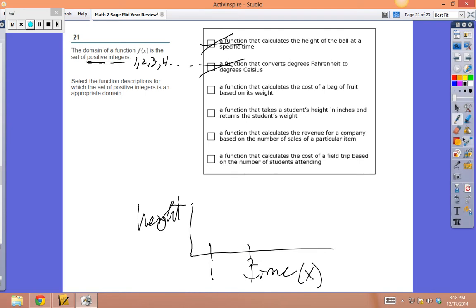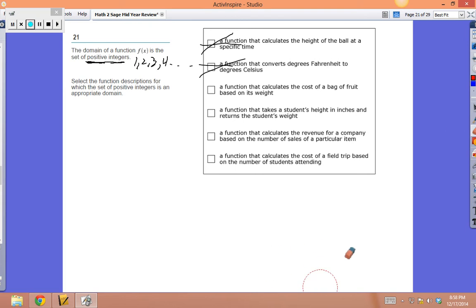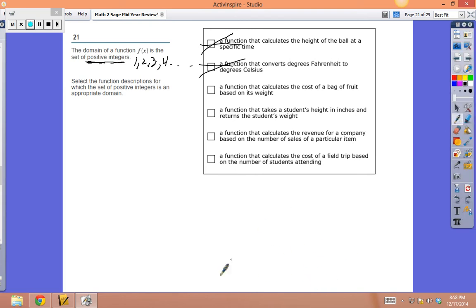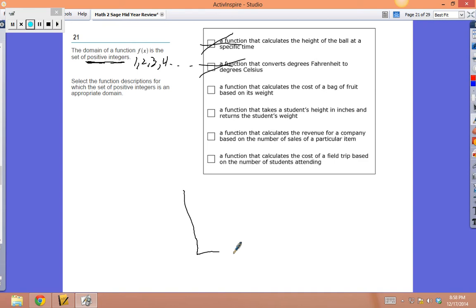The cost of a bag of fruit based on its weight, same thing. If you've got the weight, there can be 1 pound, 2 pounds, but in between 1 and 2 pounds, there exists 1.4 pounds. And the domain says that cannot exist. It can only be integers.